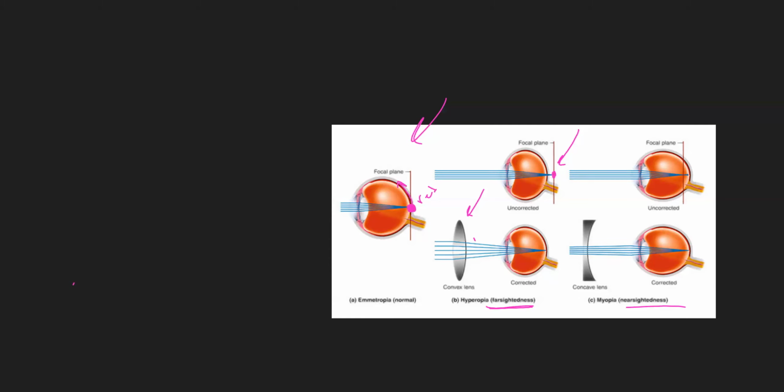This convex lens will converge the rays to help their eyes converge the light more. So the formation of the image moves from behind the retina onto the retina, so they can understand what image they see. And the eye itself works as a convex lens, so it converges what? Light rays.